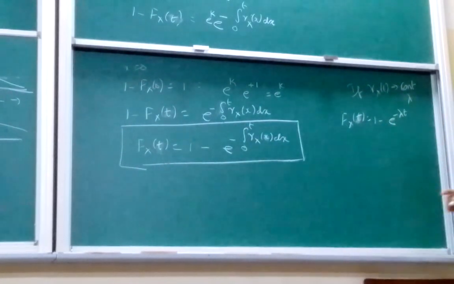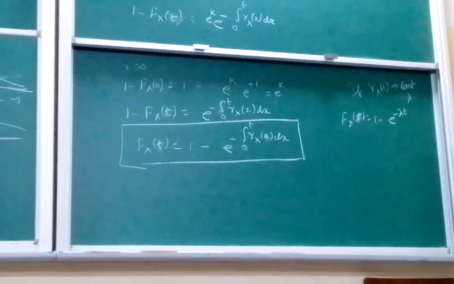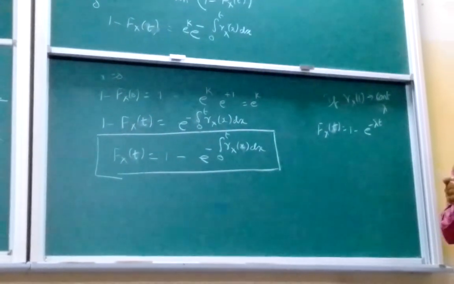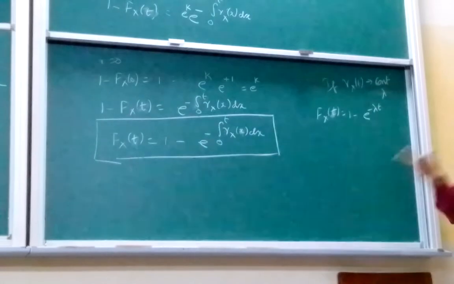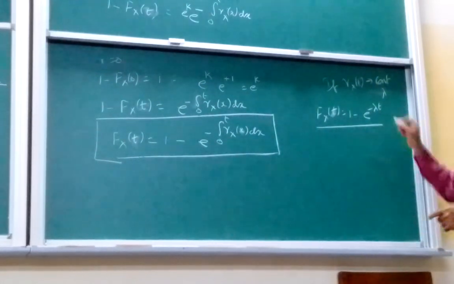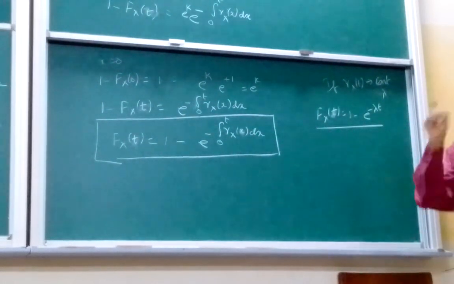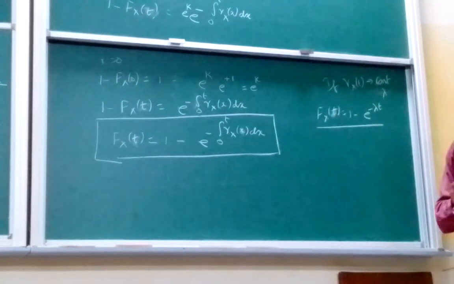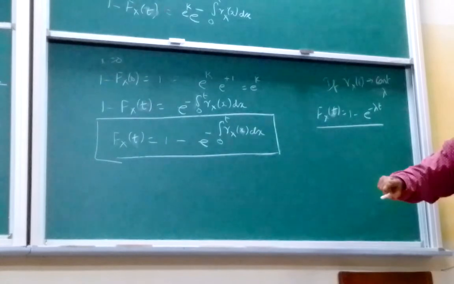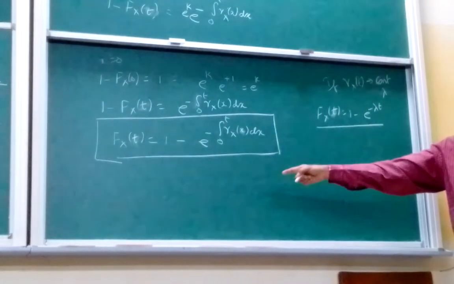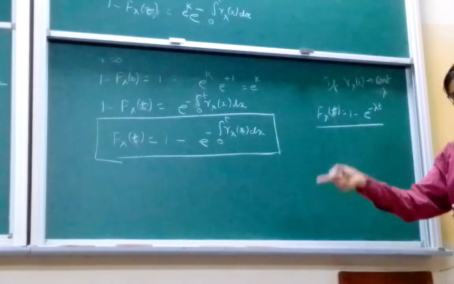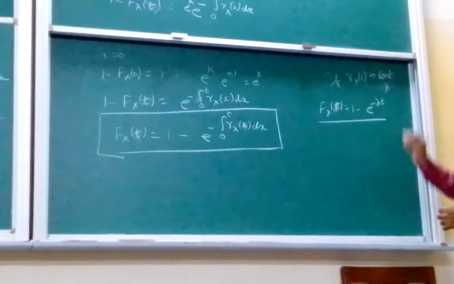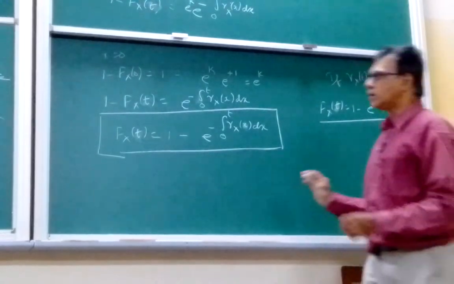What it means is, if you have a random variable whose hazard function is constant, then its CDF will have this form, so it has to be exponentially distributed. So an exponentially distributed random variable has a constant hazard rate, and any random variable having a constant hazard rate has to be exponentially distributed. This is what we know.